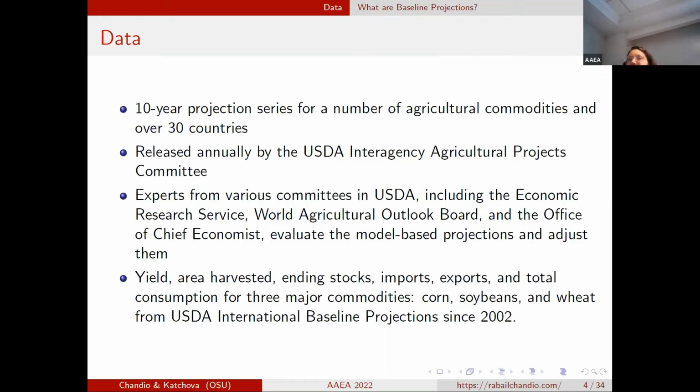So in 2001, USDA releases figures that tell you what the corn yield is going to be 10 years into the future for China, for Brazil, for Pakistan, and for the US itself. Experts from various agencies come together to produce these reports. In my paper, we're choosing the projections for yield, area harvested, ending stocks, imports, exports, and total consumption for corn, soybeans, and wheat, since the projections are available from 2002.